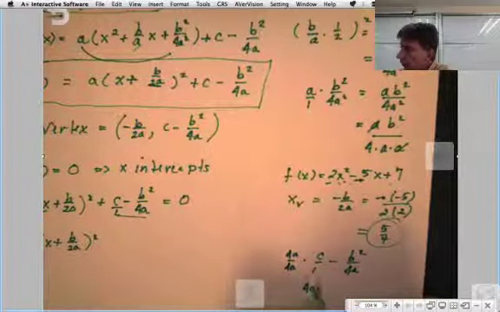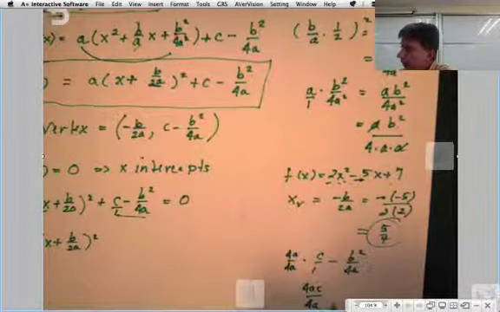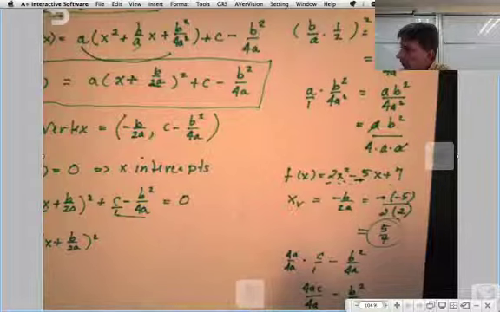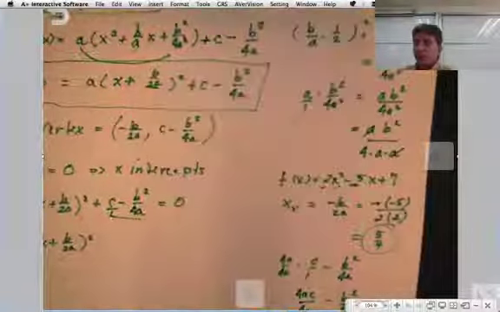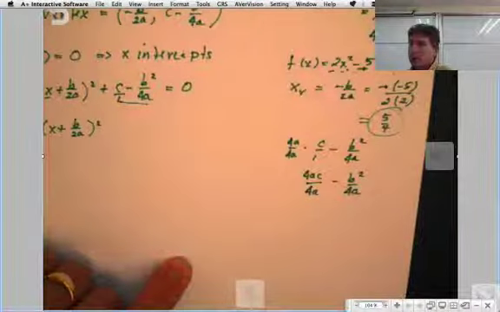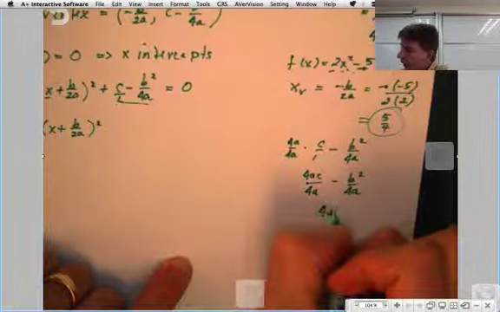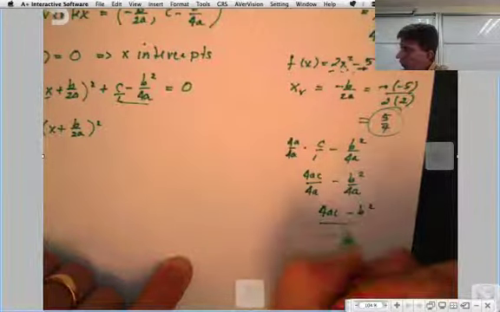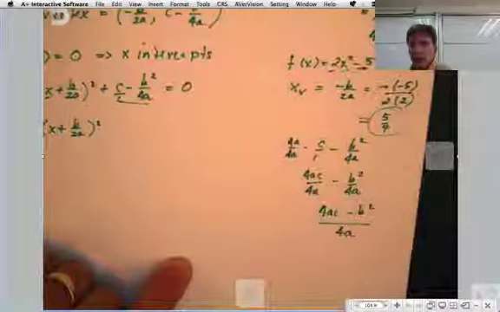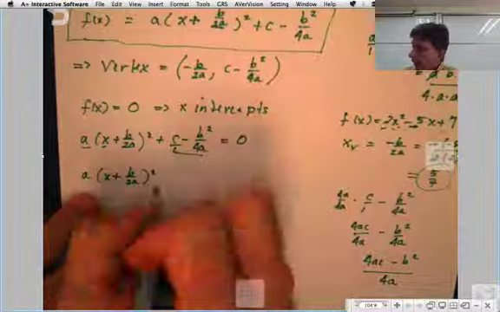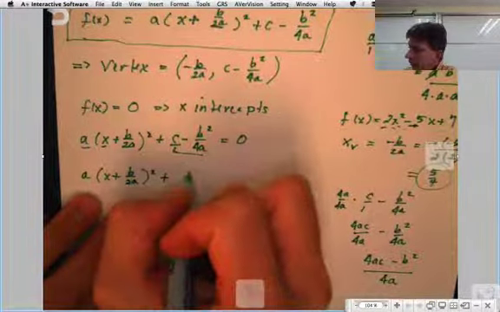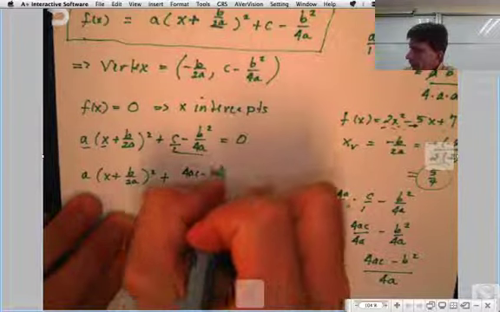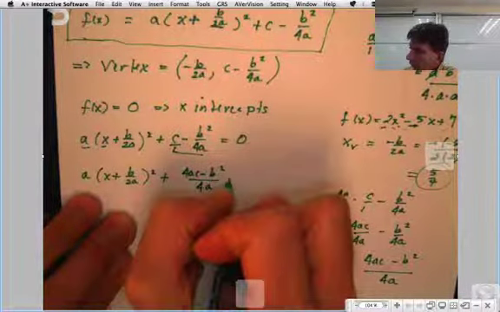So that would give me 4ac over 4a minus b squared over 4a. So that would give me a single fraction of 4ac minus b squared all over the common denominator of 4a. So going back here now, I could replace this with 4ac minus b squared all over 4a.